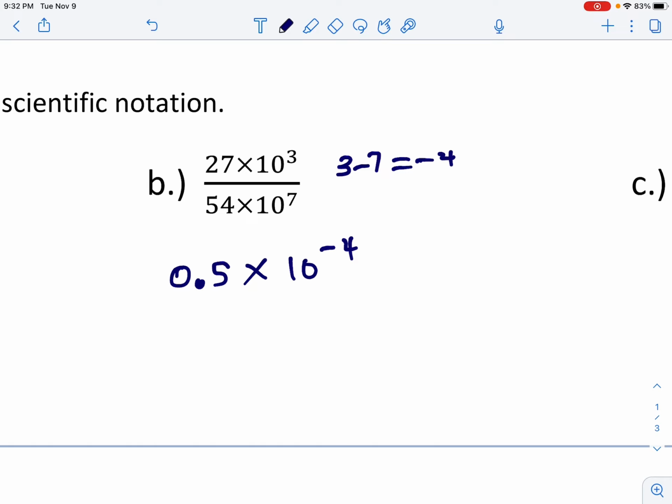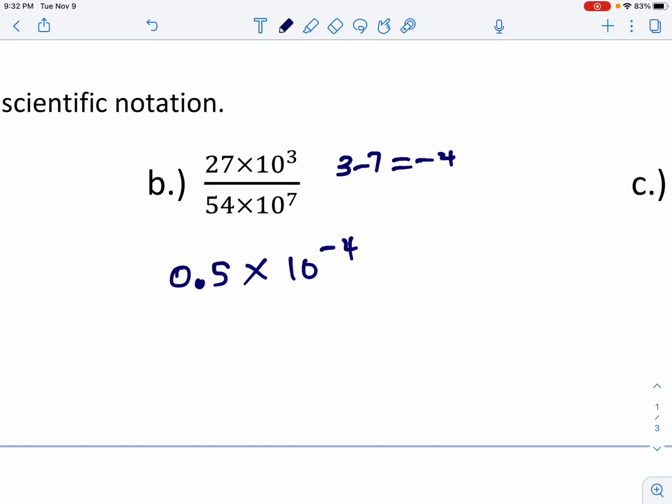Now with exponents, this is a little bit different than our power rule, our quotient rule, and our negative exponent rules. For scientific notation, we can keep negative exponents. We don't have to move them or get rid of them, because this is scientific notation.